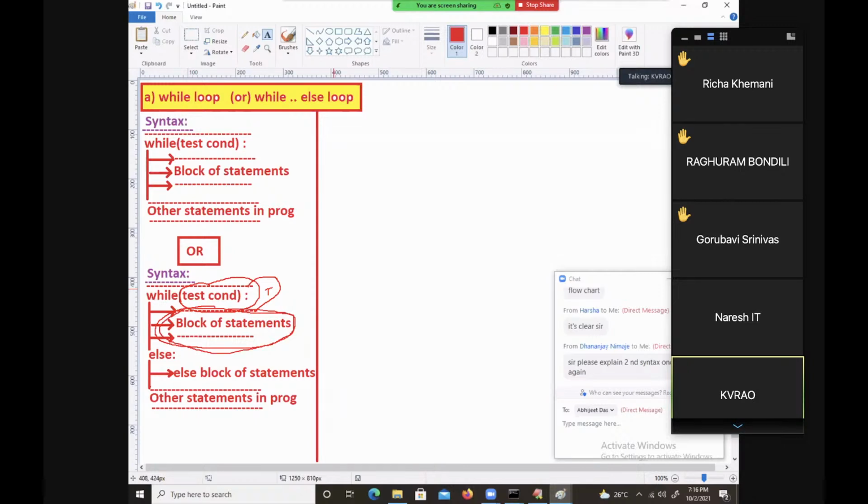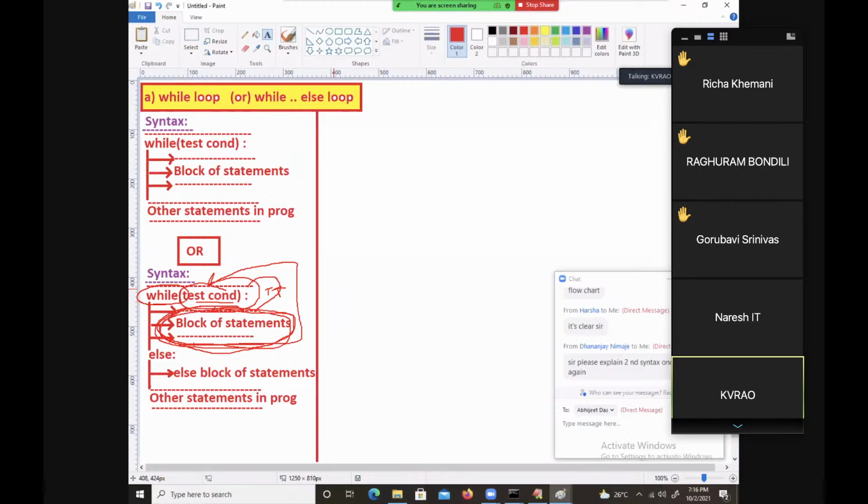After executing the block of statements the first time, it will go back to the condition once again, because the while loop will bring your PVM back to the condition. The second time also the condition is tested and it is true. Once it is true, again execute the block of statements.